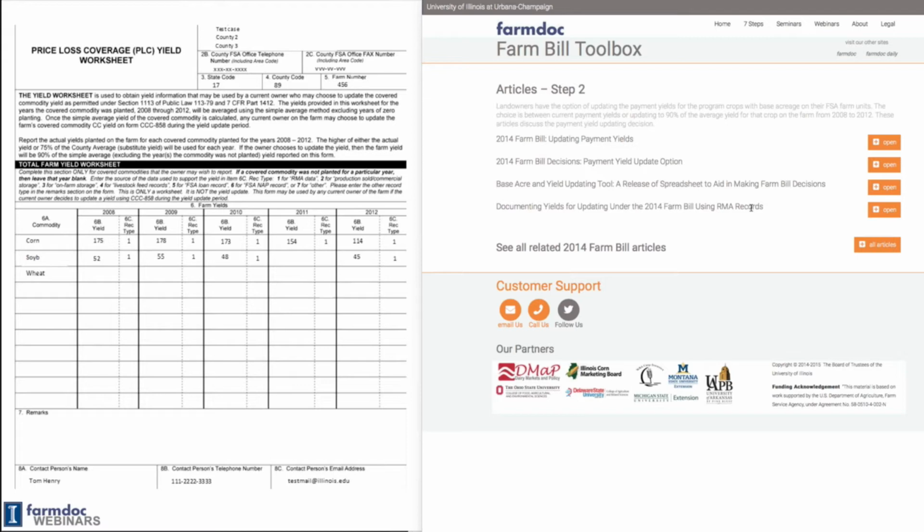Let me give you one specific example. A farmer began farming the farm in 2010, so 2008 through 2009 they don't have documentation. What should be used in that situation is the plug yield, which will lower the yields. But if you don't have documentation, you really should be using those plug yields.